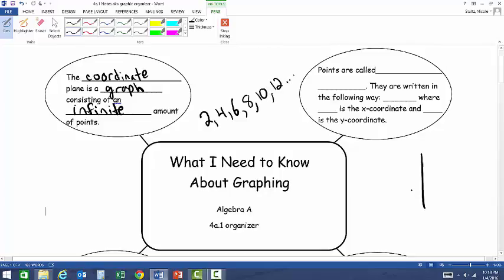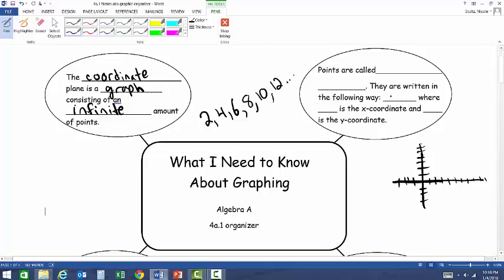So if you think about a coordinate plane, looks like that, and you would have tick marks here to show your grid. Well, if you think about it, your tick marks, you could keep adding another one and go on forever and ever. So we say that there's an infinite amount of spots on a coordinate plane.